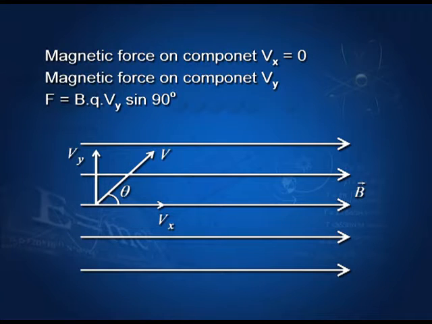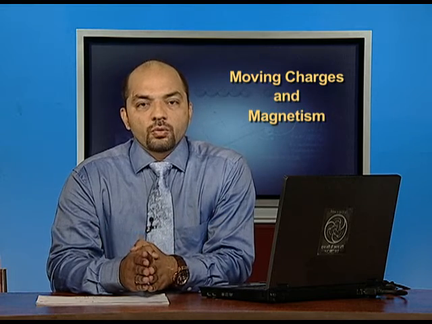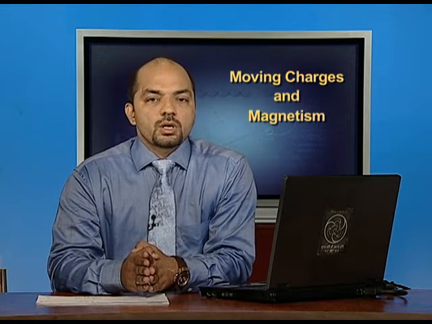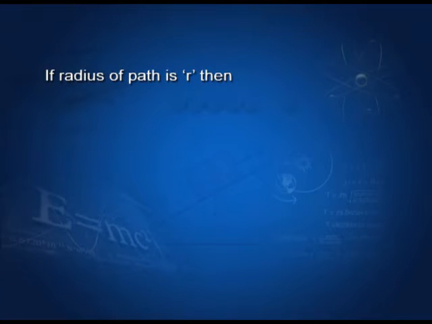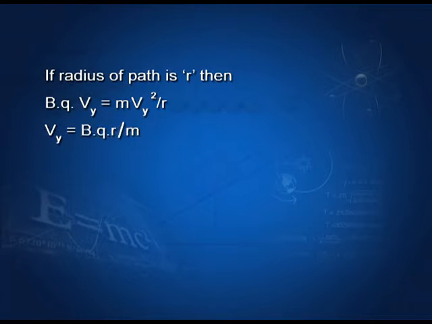The force F will be equal to B q Vy into sin 90. Under the action of this force, the charge undergoes a circular path. If the radius of the path is r, then the force Bqv will be equal to mv square divided by r. From here, velocity along the y-axis will be equal to Bqr upon m.